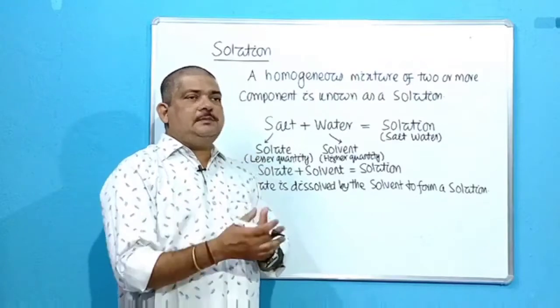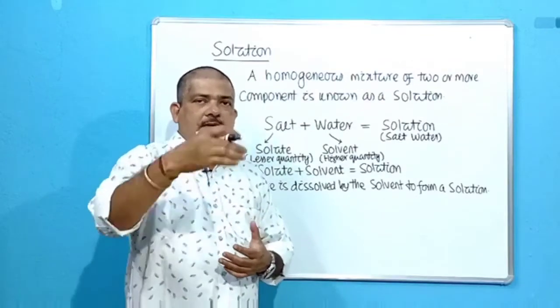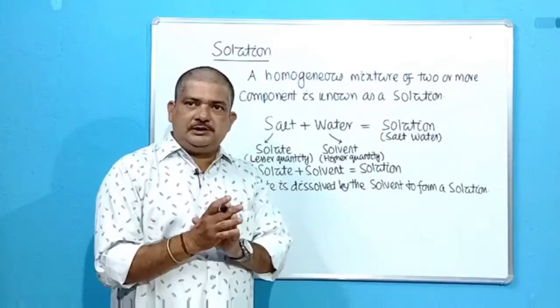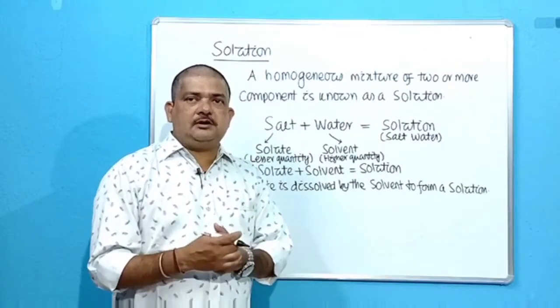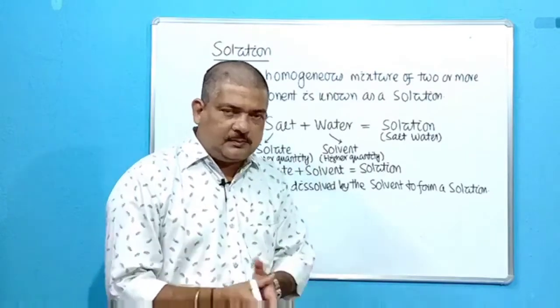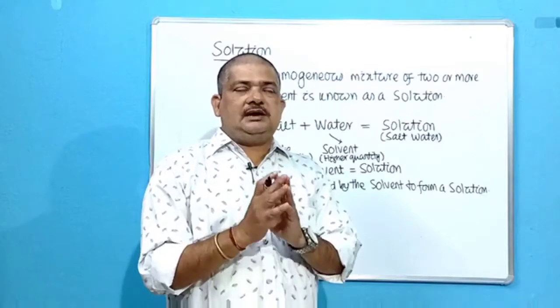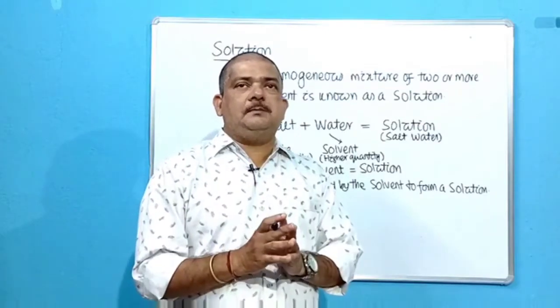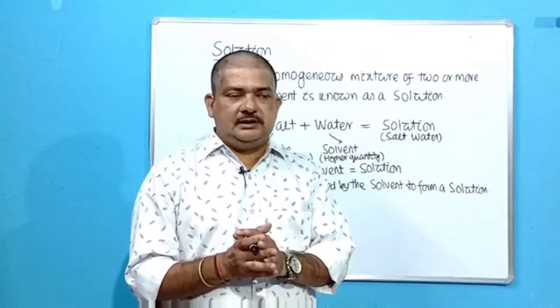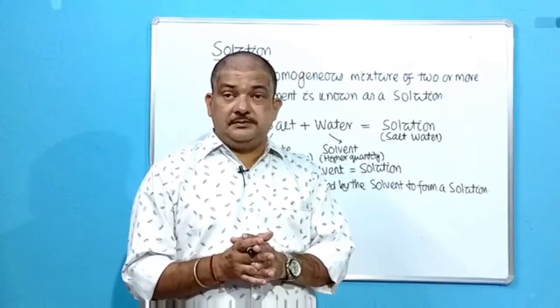Okay. Then there is a limit. Suppose I tell you to keep on adding salt to 1 glass of water. There is a limit to it. How much salt can be added to a given quantity of water? Let us say 100 gram of water. If 25 gram of salt can be added to 1 glass of water, that is 100 gram of water, then 25 is the solubility.